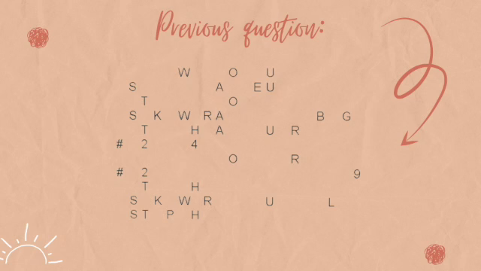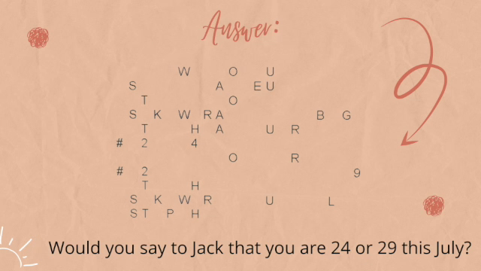Here's the question: how are we going to read this? We read this as, "Would you say to Jack that you are 24 or 29 this July?" Again, this is the correct answer.